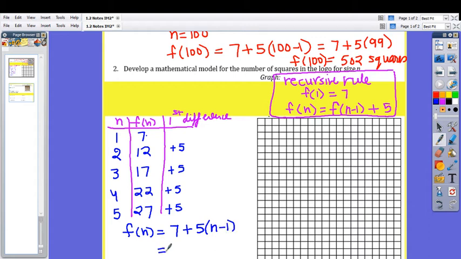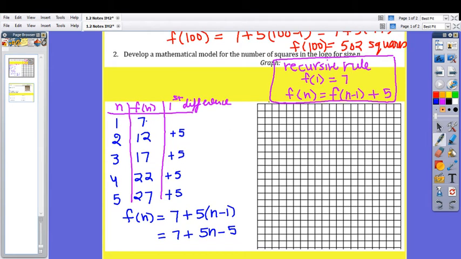If you simplify it, that will be 7 plus 5n minus 5, and I just multiplied this inside using the distributive property. So then we got 5n plus 2. So that is our mathematical model for it, which is nothing but figuring out the explicit rule, which we did anyway. So that's that.